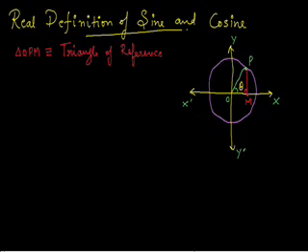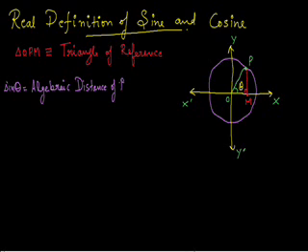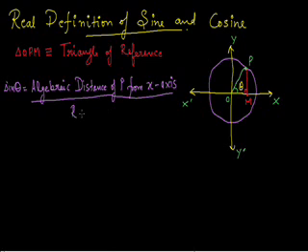So we were talking about the definition. The definition of sine theta will be equals to algebraic distance of point P from x-axis upon radius of circle.